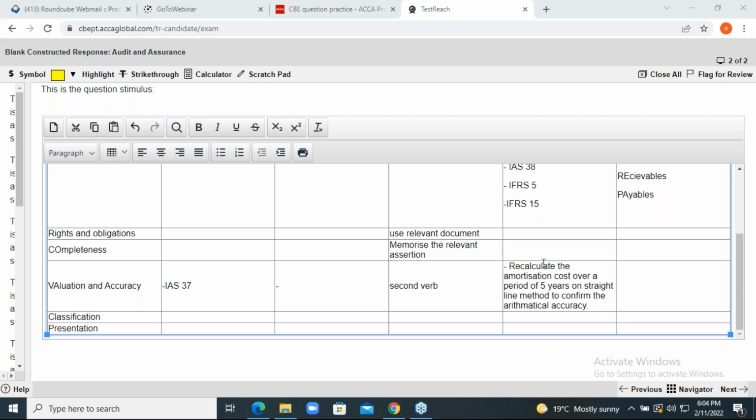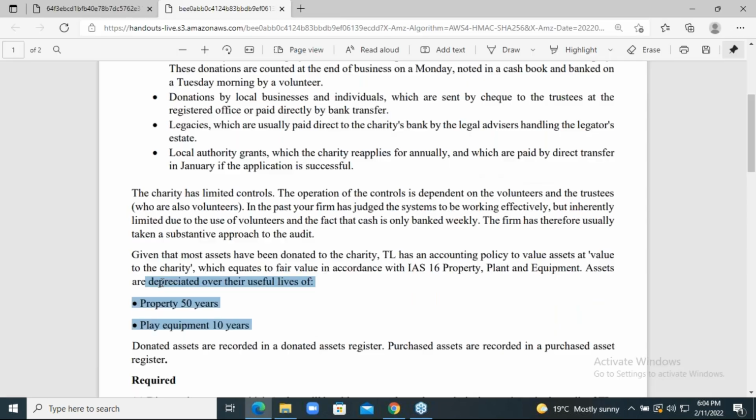As far as Ryan, your answer is concerned, your answer is good, but you don't need to differentiate purchased or donated assets, because the bifurcation doesn't help you. Whether the property is donated or purchased, it is depreciated over 50 years. So whatever asset it is, just focus on the 50 years.